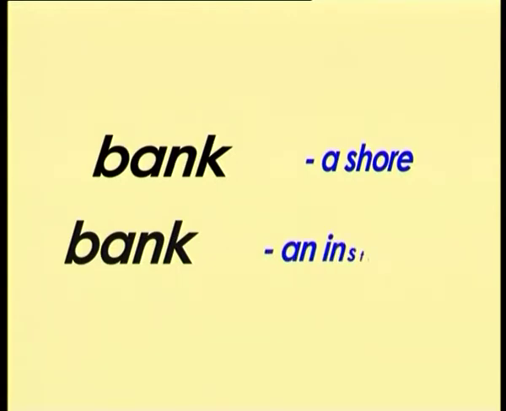Homonyms are words which are identical in sound and spelling, or at least in one of these aspects, but different in their meanings. For example, bank as in a shore or bank as an institution.